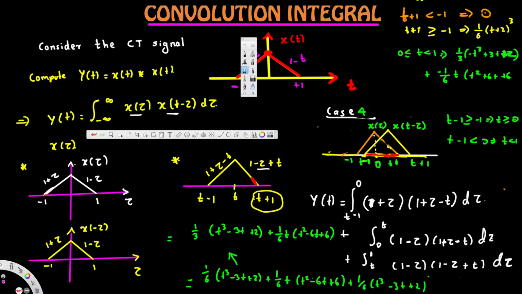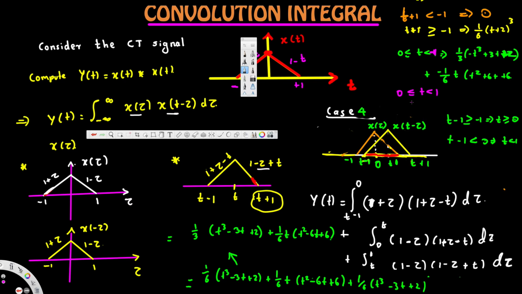Now this one should be t is less than 1, right? So this one should be t is between 0 and 1.